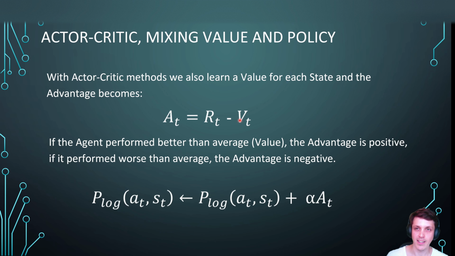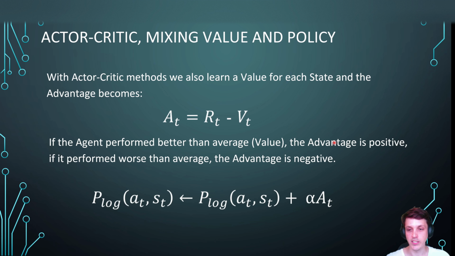Our advantage is supposed to tell us when we've done good or when we've done bad. By subtracting the value from the returns, what we're saying is, was this trajectory better than average? So the value function tells us what the average returns are, if we remember back to the first video. So by subtracting the value function, the average returns, from the returns of the current trajectory, our advantage represents how much better or worse we did than average with our current trajectory.